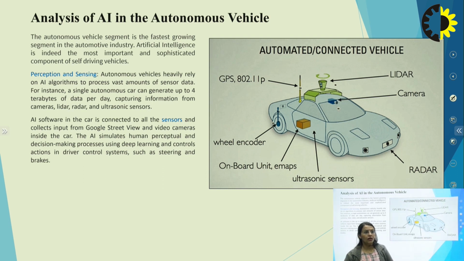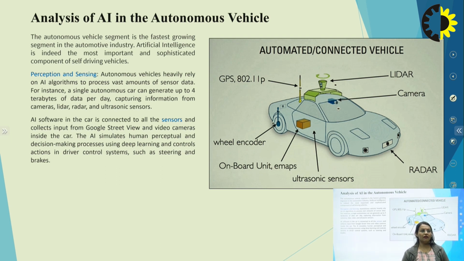The AI software in the car is connected to all the sensors and collects input from Google Street View and video cameras inside the car. In this way, AI can simulate human perception as well as decision making, using deep learning strategies and control action in the driver control system. Autonomous vehicles heavily rely on AI algorithms to process vast amounts of sensor data.